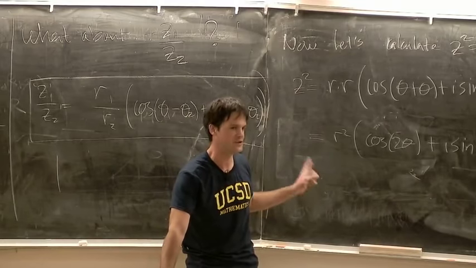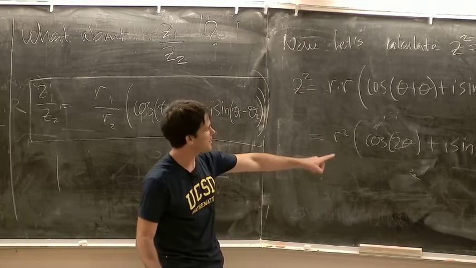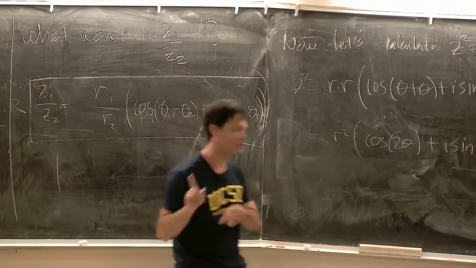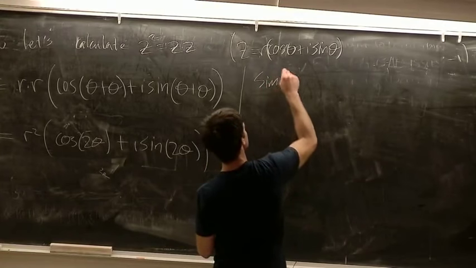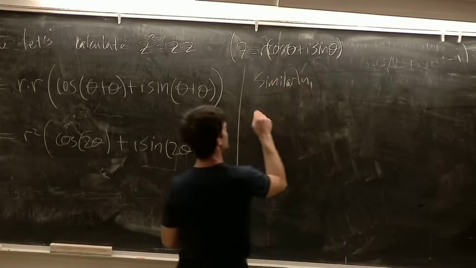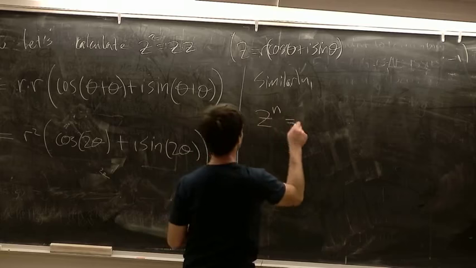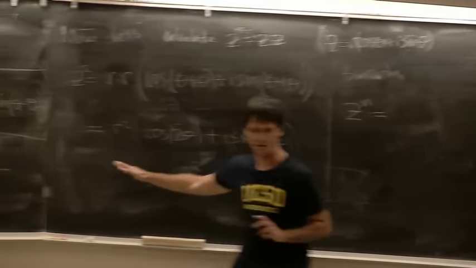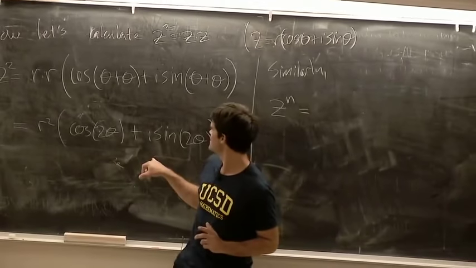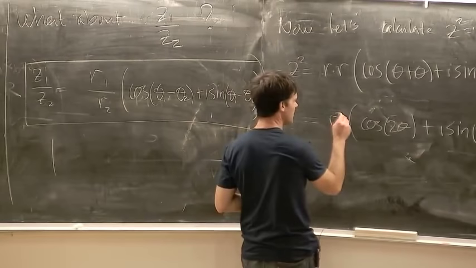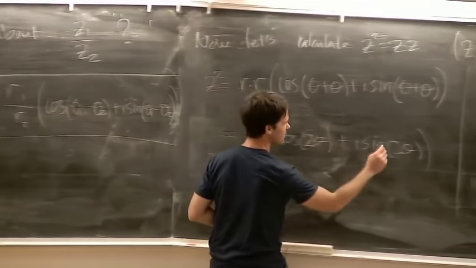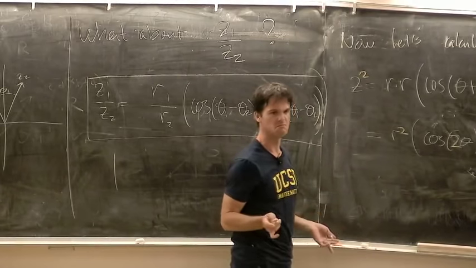The reason I showed you this is because maybe now you can guess what the formula for z to the n should be. Like this was z squared. So you can kind of guess, how about instead of a 2 right here, and here, and here, and here, let's just put an n there.